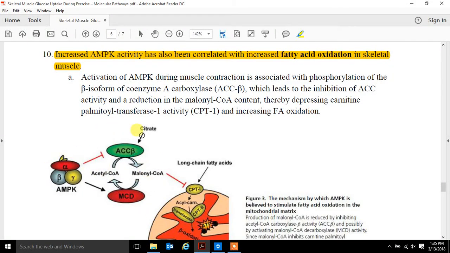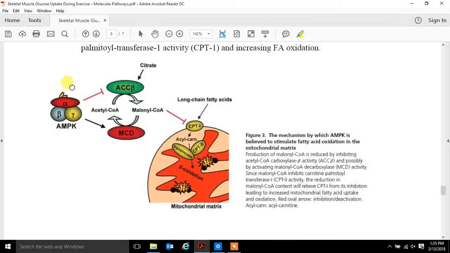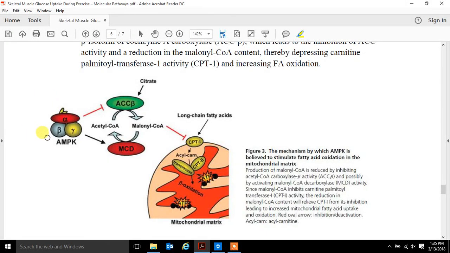This lecture, I really want to focus on skeletal muscle glucose, but just know that it's also correlated with fatty acid oxidation. So it's likely playing a role here. We've got AMPK, which would, again, exercise intensity dependent, going to be sensed and regulated by a variety of factors. We get this signaling pathway where it's going to improve beta oxidation.